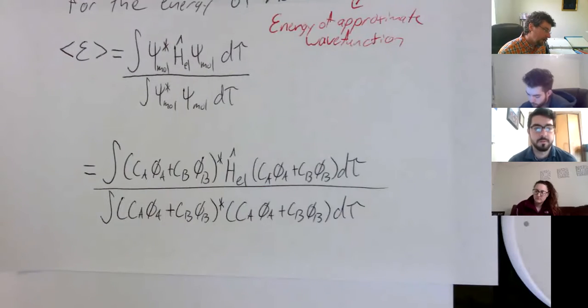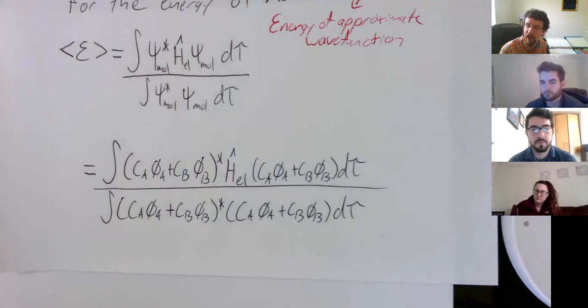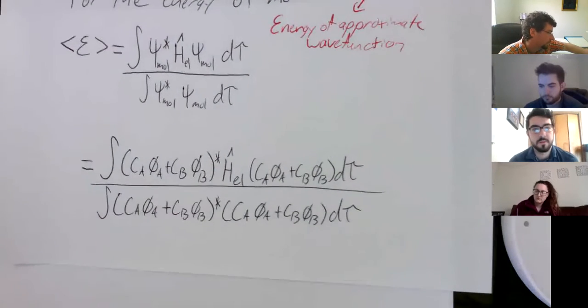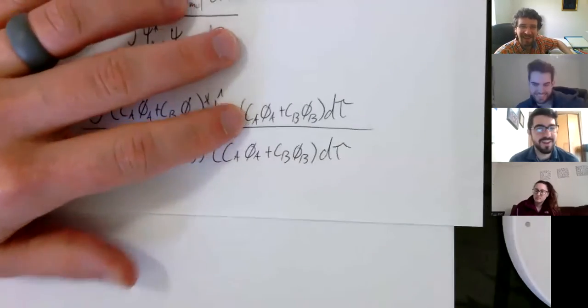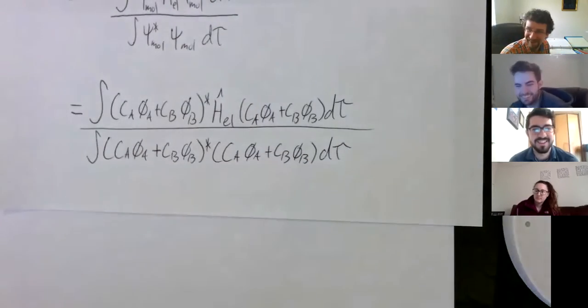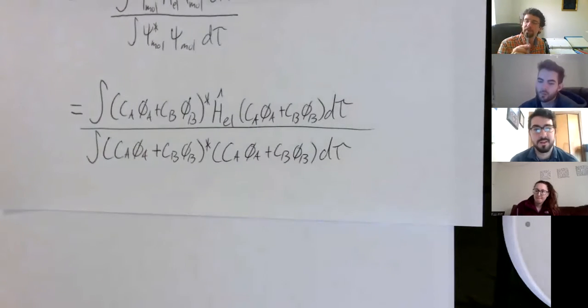Let's split this apart. We know the Hamiltonian is a Hermitian operator. What does that mean for us? It won't equal 0, something like that, maybe? Oh no, that's orthogonal. Hermitian means you can kind of move things around.